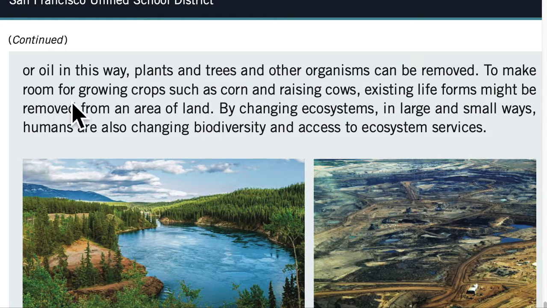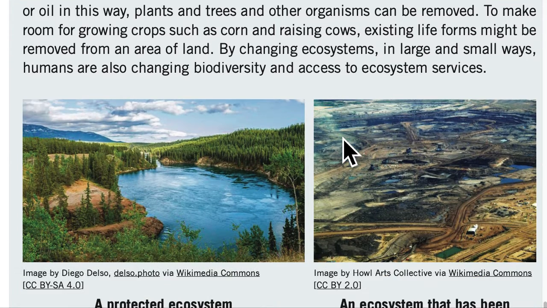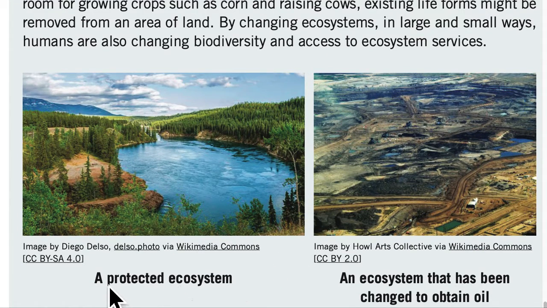To make room for growing crops such as corn and raising cows, existing life forms might be removed from an area of land. By changing ecosystems in large and small ways, humans are also changing biodiversity and access to ecosystem services. A protected ecosystem? An ecosystem that has changed to obtain oil.